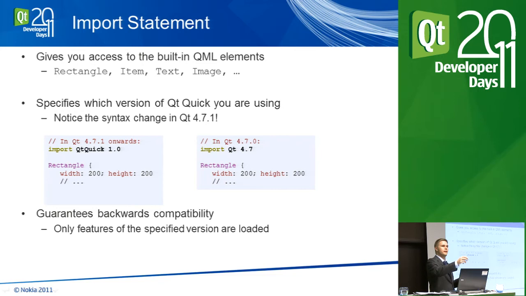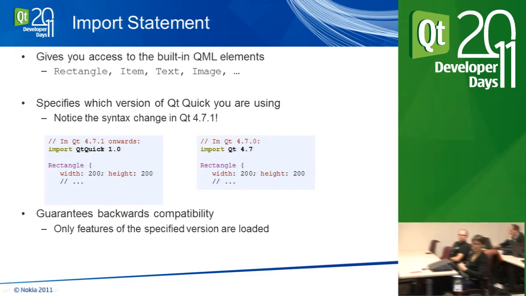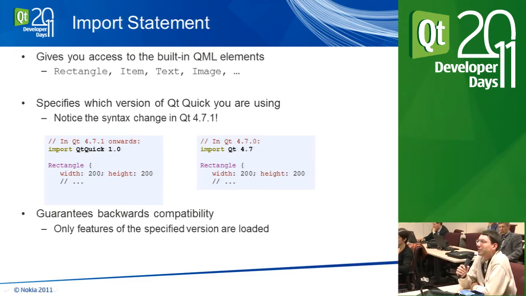A question. Can we have the microphone, please? Right now, when targeting multiple platforms, it is necessary to use the import Qt 4.7. For how long will this be supported in Qt?